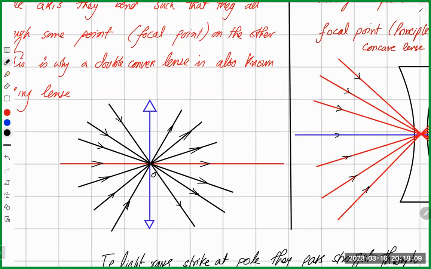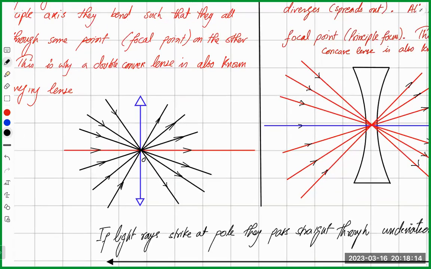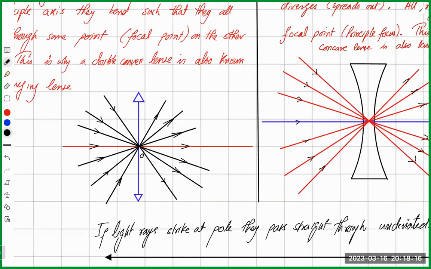So light rays, if they strike the pole, pass straight through. This is what you have to remember.